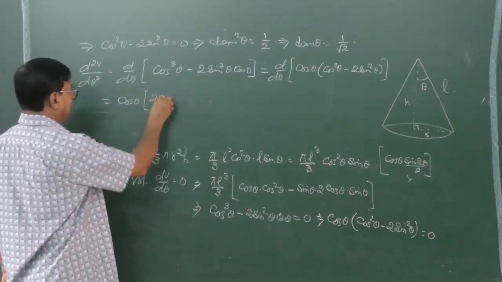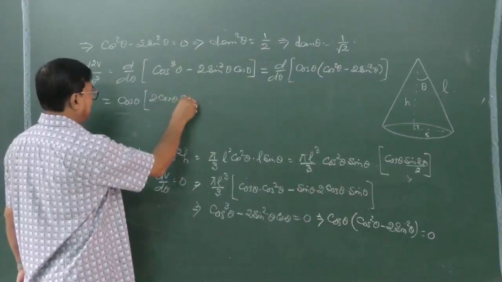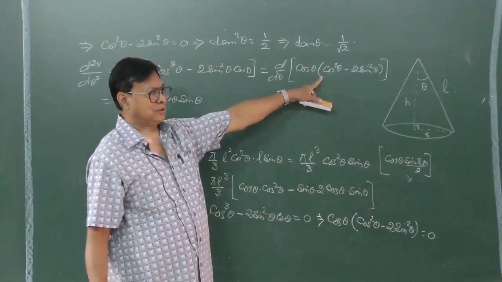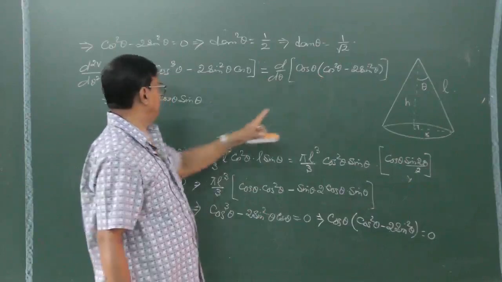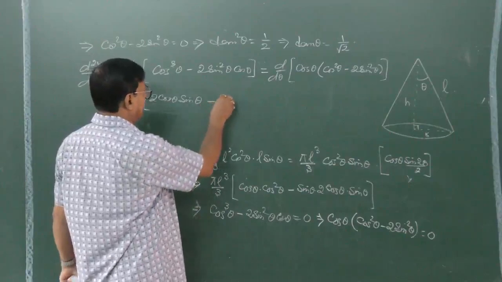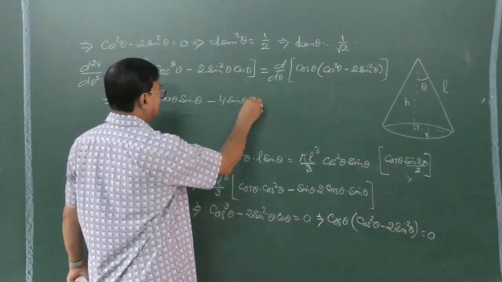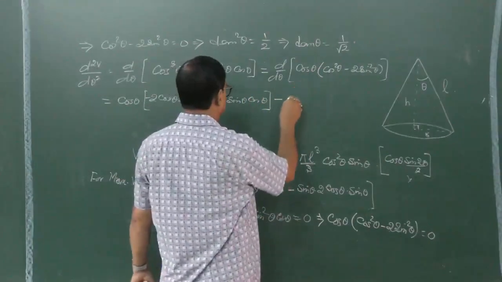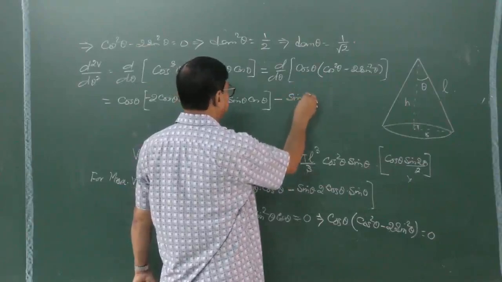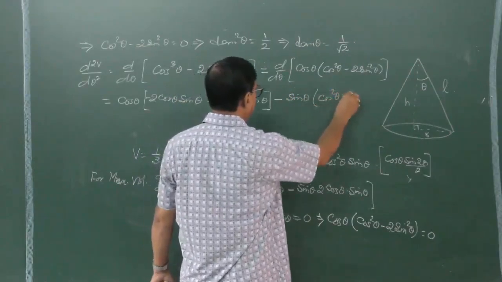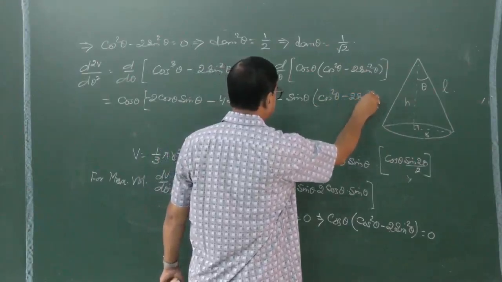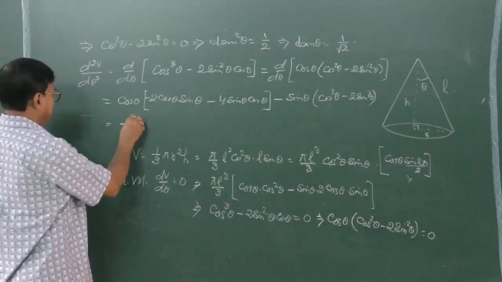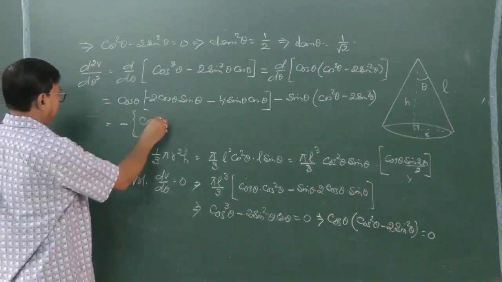So this will be 2 cos theta into minus sin theta, that is minus 4 sin theta cos theta. So that's the first one. Plus differentiation of cos theta, which is minus sin theta, into the second function, so that remains. So finally what we get? We get a minus common. So cos theta into this.